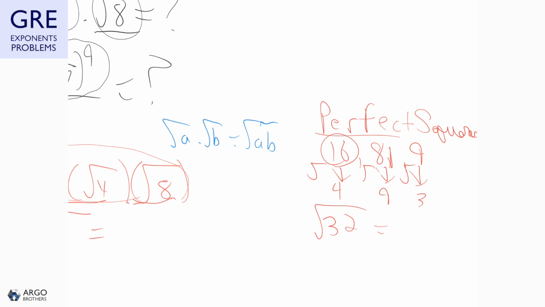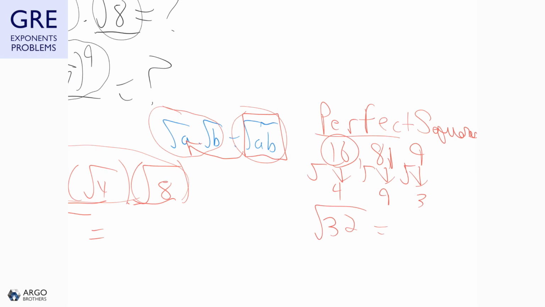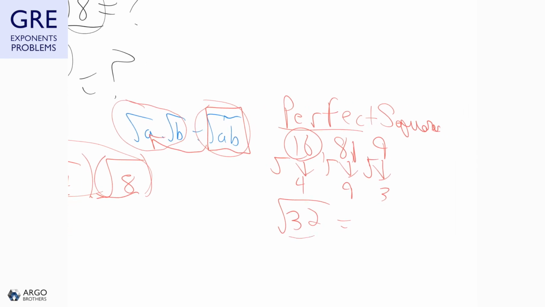So what you have to do is break it apart. Well, if radical a times radical b is radical ab, then it's fair to say that radical ab is radical a times radical b. We can go backwards. In that case, what I want to do here is take this square root of 32 and rewrite it as two numbers that multiply to 32. Rewrite it as a product of its factors.